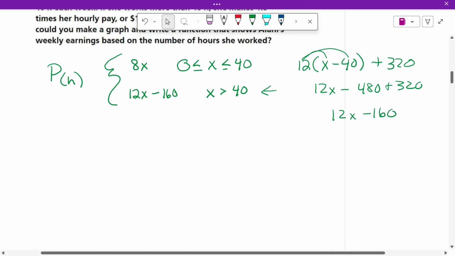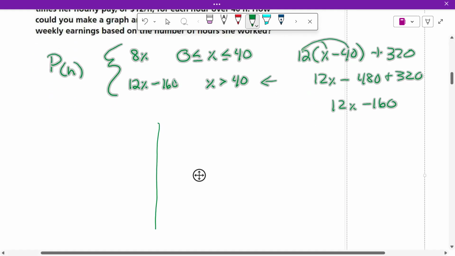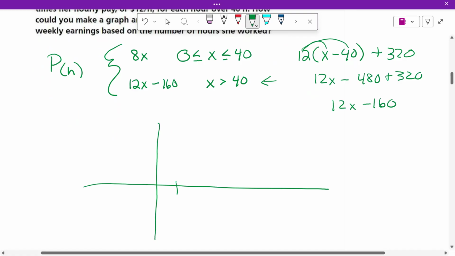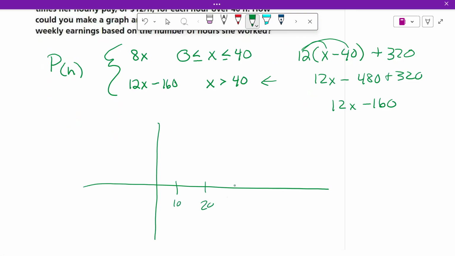Okay, so if we would graph that, 10, 20, 30, 40, 50. If she works 10 hours, she gets paid like $80. 20 hours, she'd get paid $160. 30 hours, she'd get paid $240. 40 hours, she'd get paid $320.